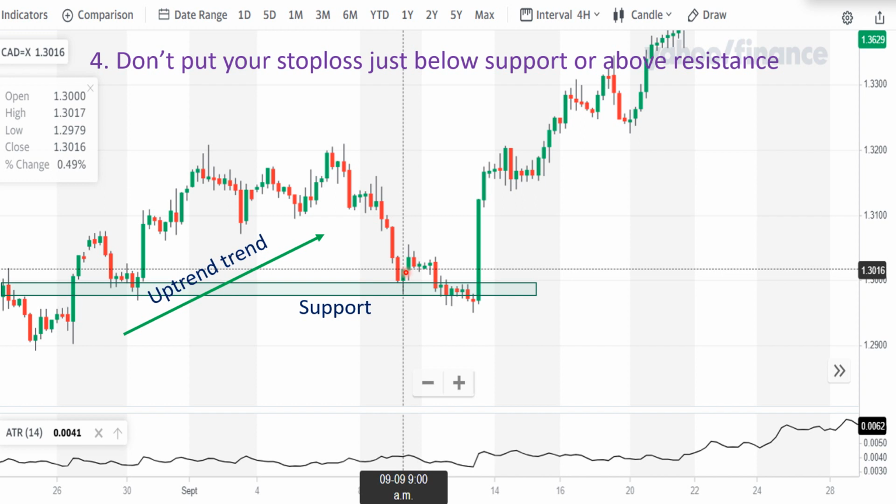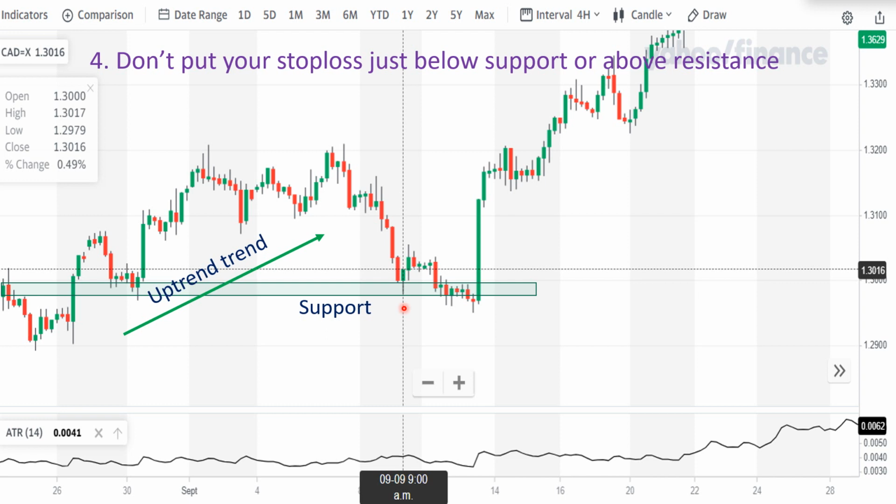And you were confident that the trend will continue in your direction, so you decided to enter the trade at the close price of this hammer and put your stop loss just below the support.